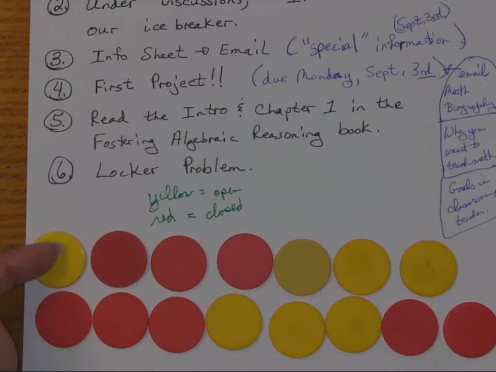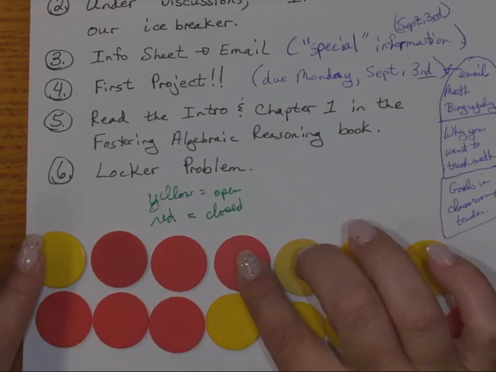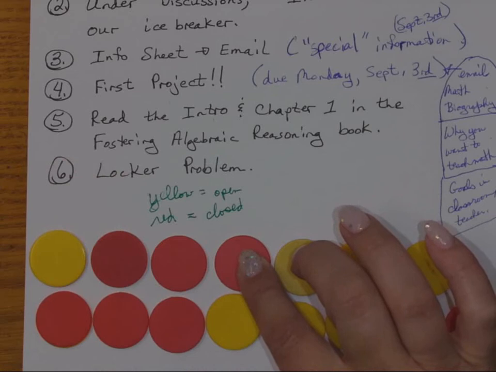Will the fourth guy touch it? Will the fifth guy touch it? No, because they're all just going to start where they are, right? So the fourth guy is going to start right here. He's never going to touch number 1. Will the fourth guy touch number 2? Number 3? No. So whenever the fourth person comes through, we know that lockers 1, 2, and 3 are not going to change their state anymore.